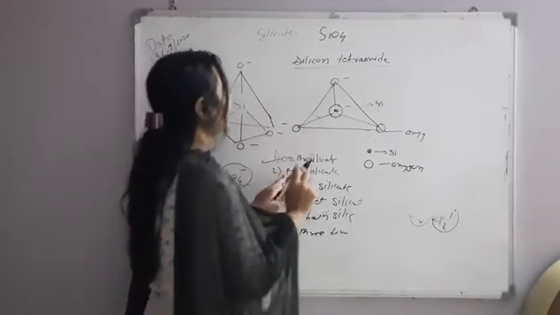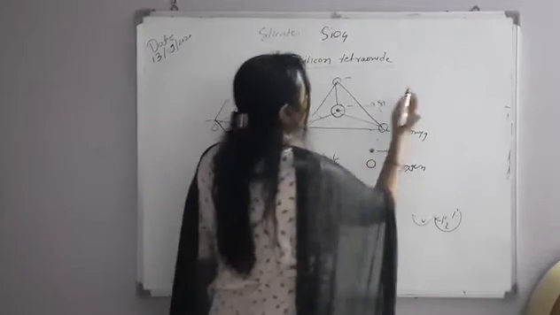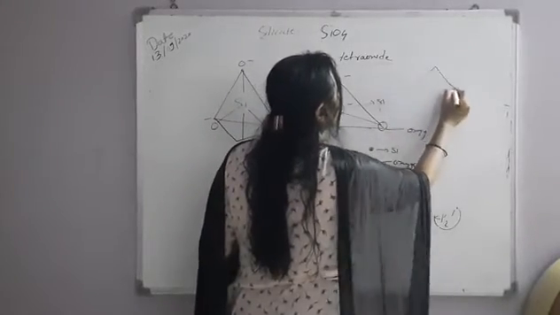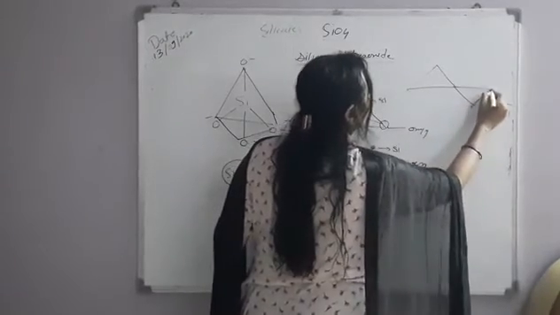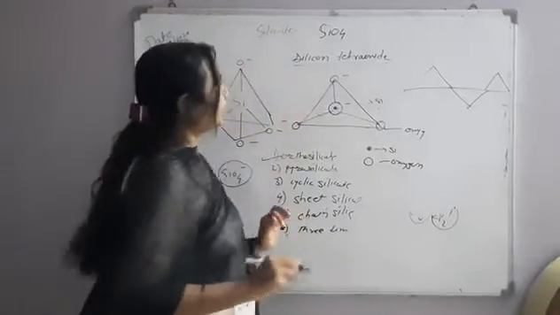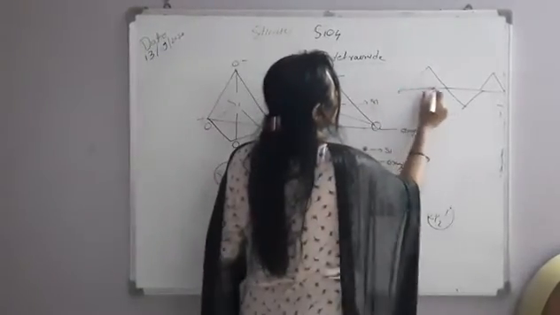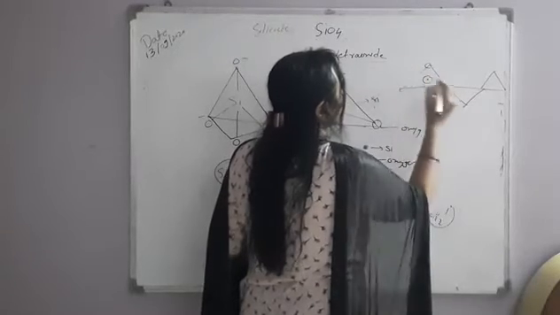In pyrosilicates, they are in the form of a chain. See here, these are the oxygen atoms and in the center this is a silicon, with minus charges present on the oxygen atoms.